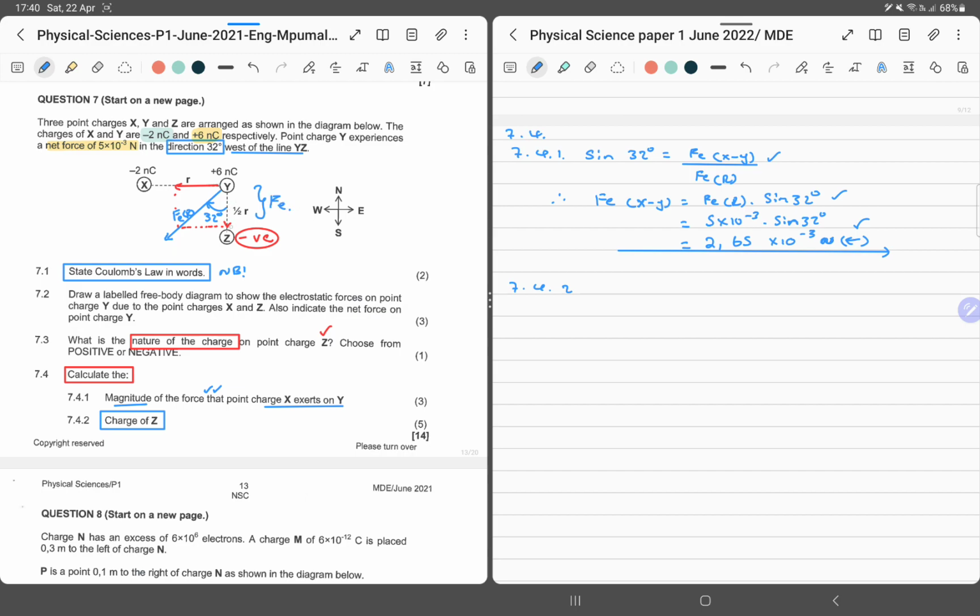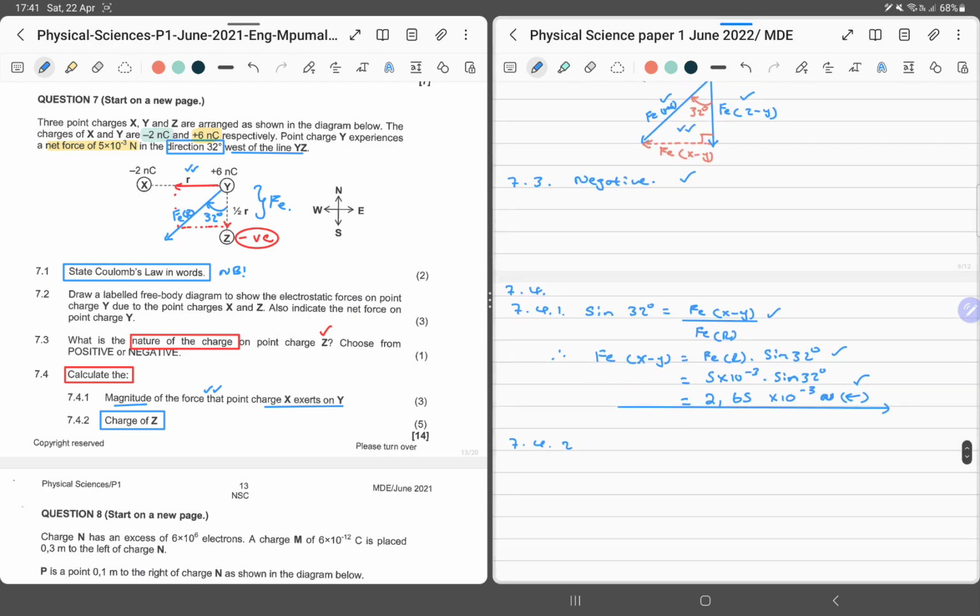We also need to find that distance, because we need 2 things here. I don't know why it's 5 marks. It should be more, because we need R so that we can use this R, and we need this force so that we can use that force. But this is easy because we can start with R.